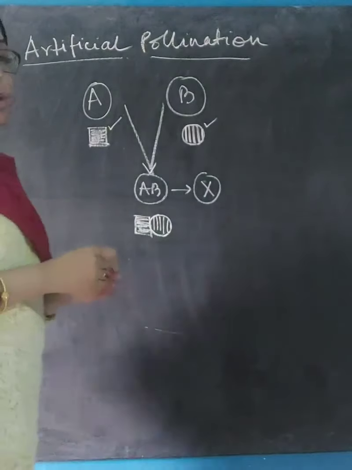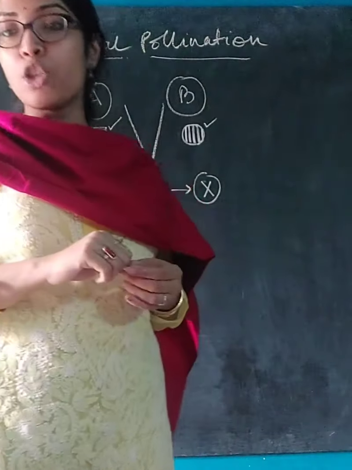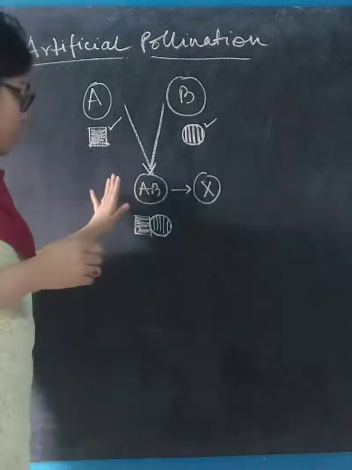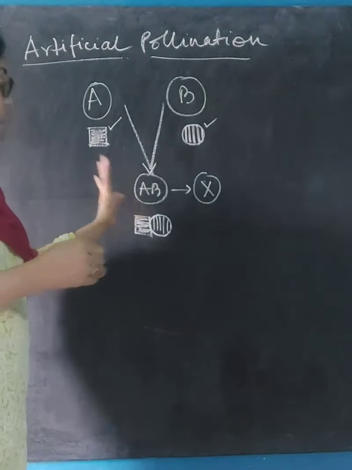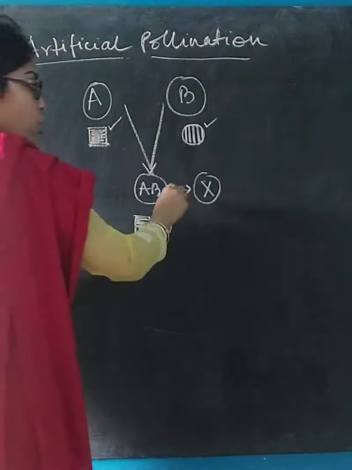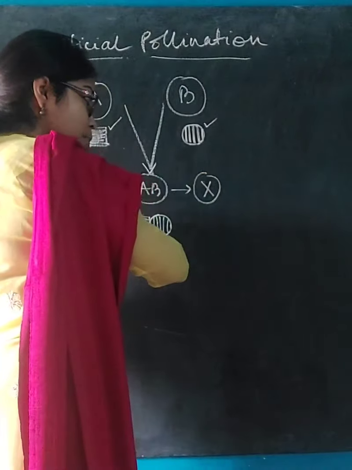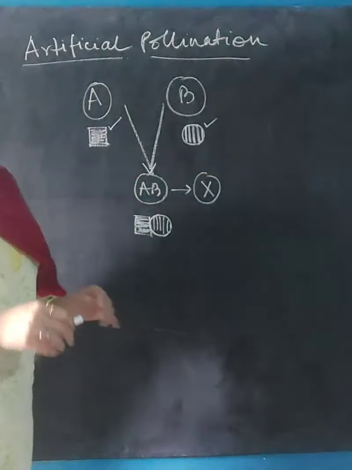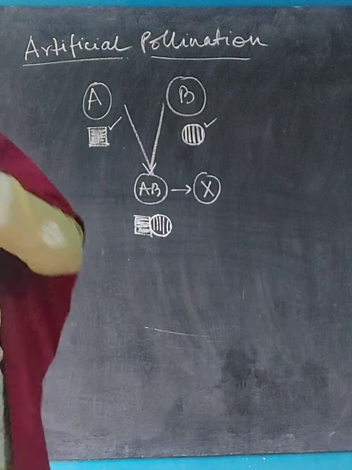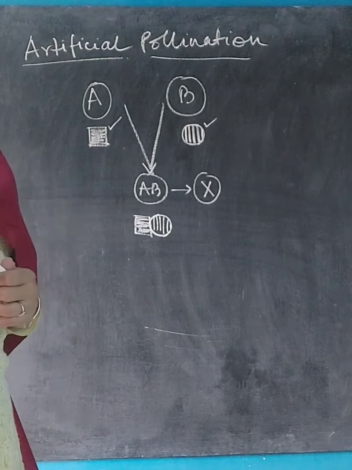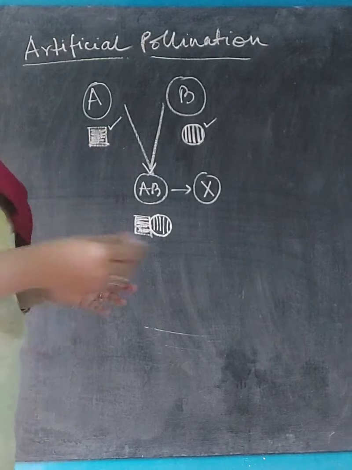So artificial pollination is basically done to produce a new variety of plant. Basically AB is the combination of A and B, or we can call it by a completely separate name, and it is produced with certain required characteristics.